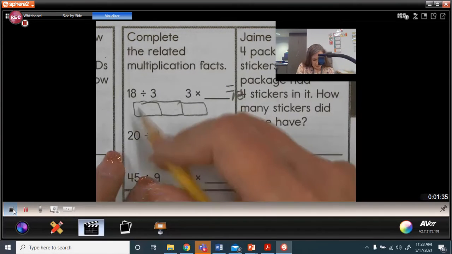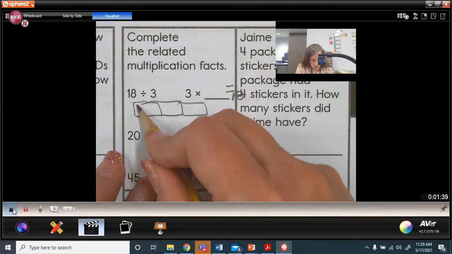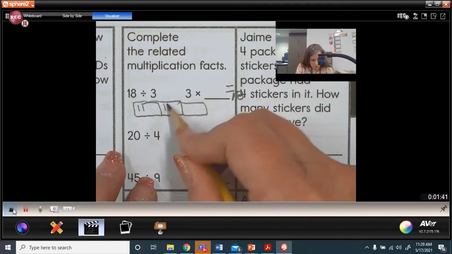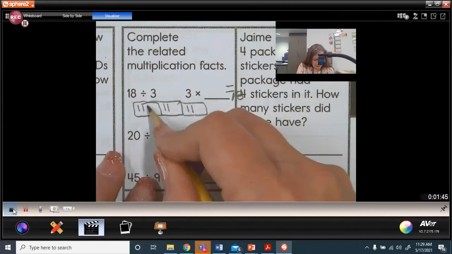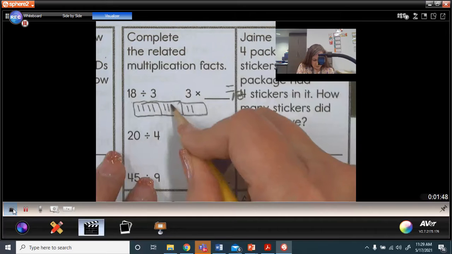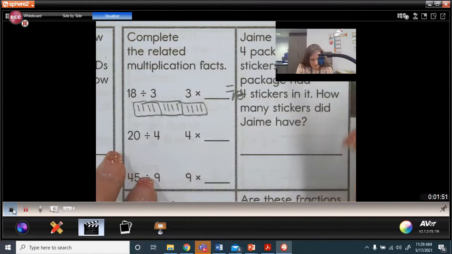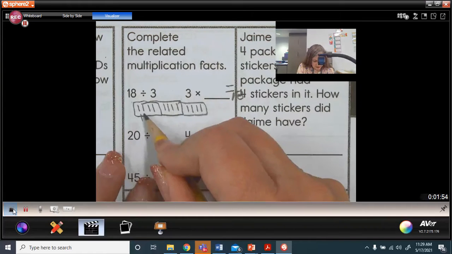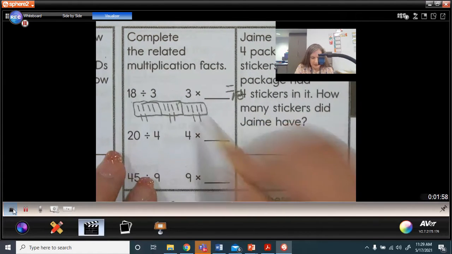So I'm going to start by counting by 2s since this is an even number. So I'm going to go 2, 4, 6, 8, 10, 12, 14, 16, and 18.